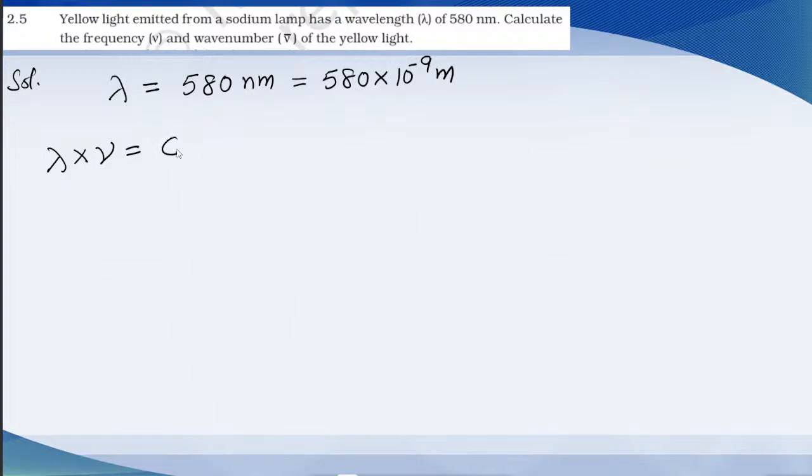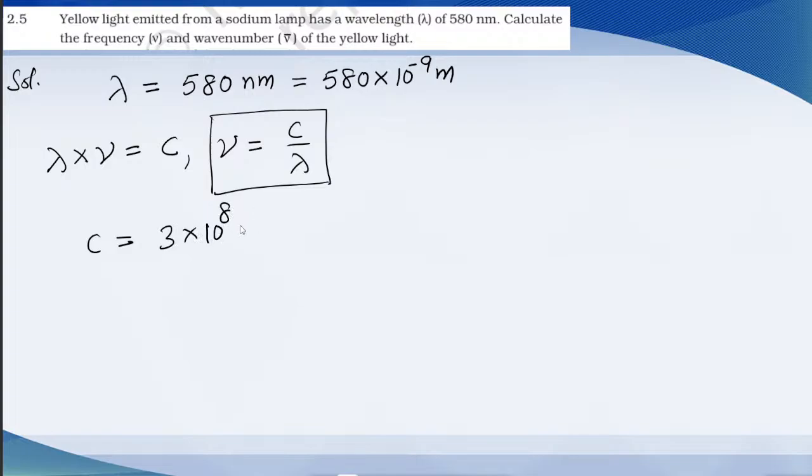Yes, lambda into nu equal to c. So we can calculate nu, that is frequency, by using lambda and c. C is speed of light. Value of c is 3 into 10 raised to power 8 meter per second. So convert lambda into meter, that is already done. So frequency we can calculate.